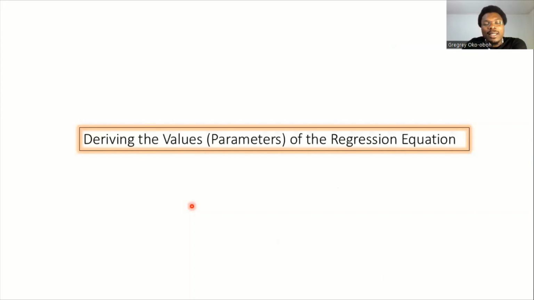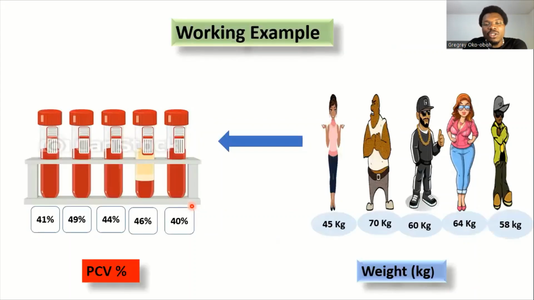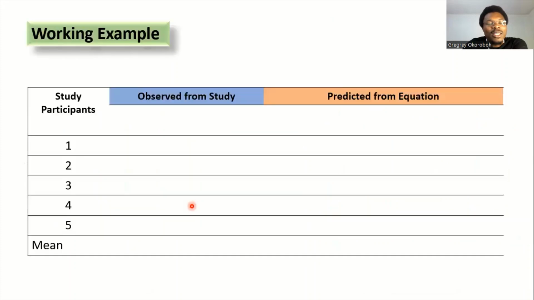So let's look at how we derive the values of the regression equation. Still using the example earlier stated of the 5 participants randomly selected to look at the relationship between weight and PCV, we are going to describe that using a cross tabulation, just a table.